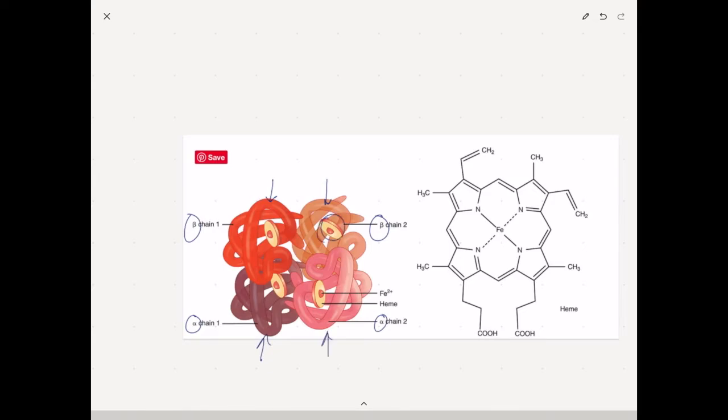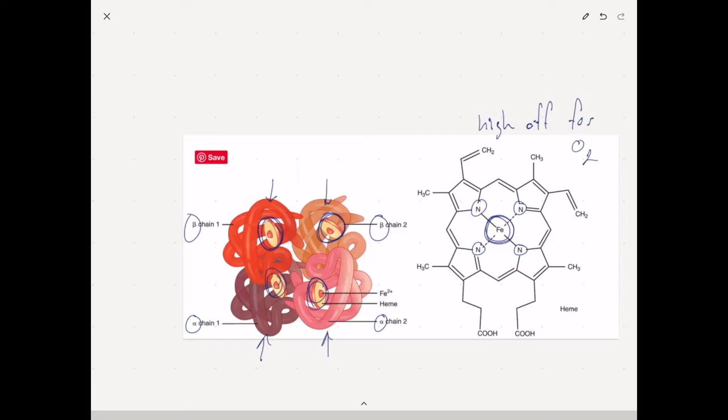But the functional group, or the functional part of this protein, is this central heme group that is an iron atom bound to 4 nitrogens. And this iron atom has a high affinity for oxygen. And the reason it has a high affinity for oxygen is it loves to give away electrons. Just like we talked about back in the citric acid cycle, oxygen loves to take electrons, and iron can be oxidized like crazy.